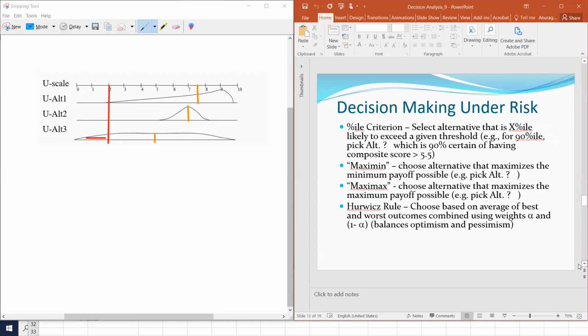Okay, now let's look at some percentile criteria here. Percentile criteria says, select the alternative that is percentile likely to exceed a given threshold.